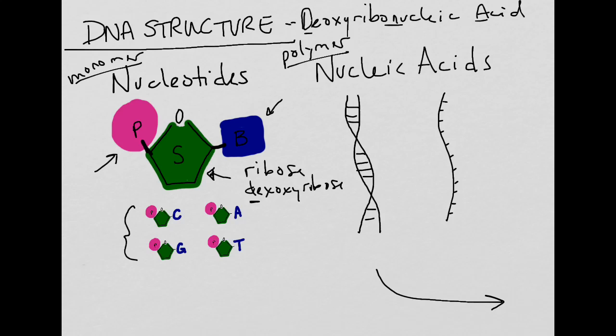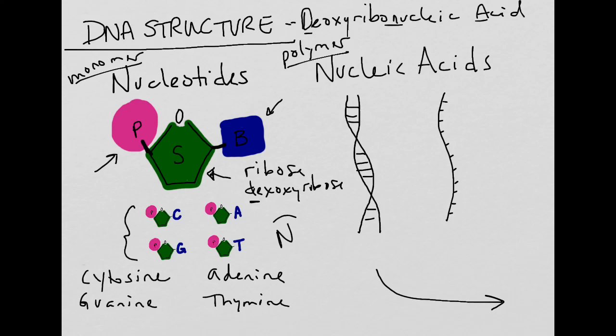They stand for cytosine, guanine, adenine, and thymine. Now these are ring structures. We'll talk about that in a minute. And the big thing about them is that they contain nitrogen. So they are often referred to as nitrogenous bases. I'll put a big letter N there so that you remember that they contain nitrogen.